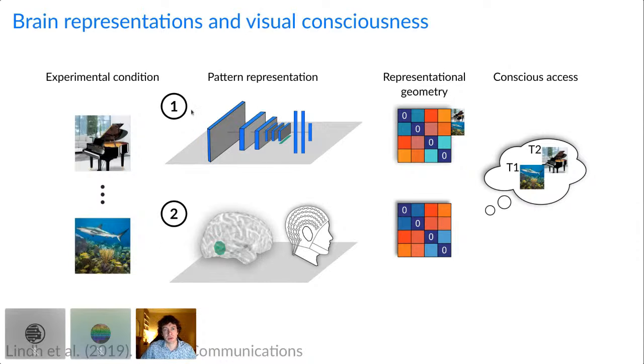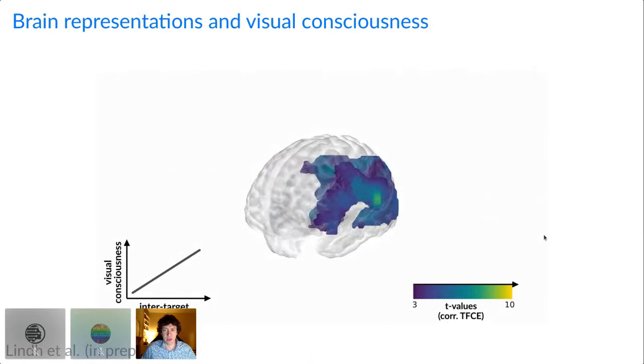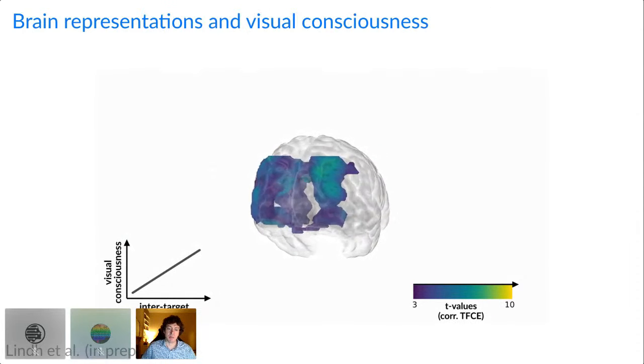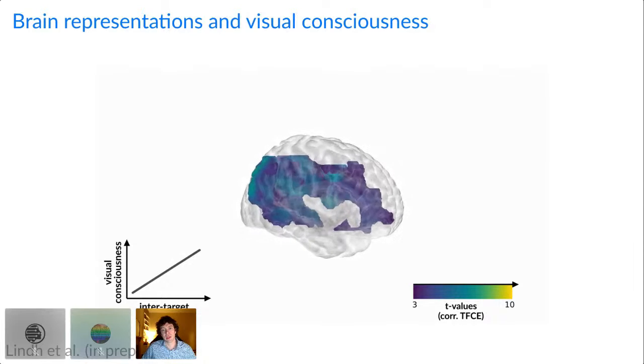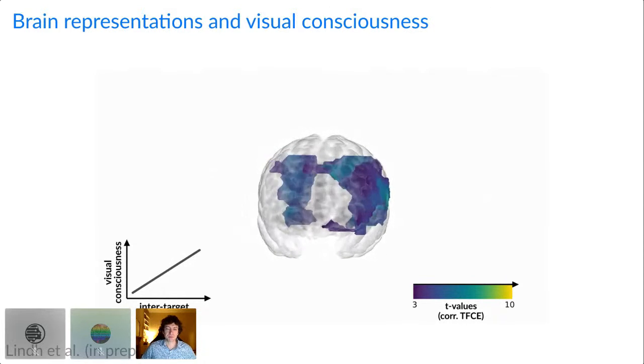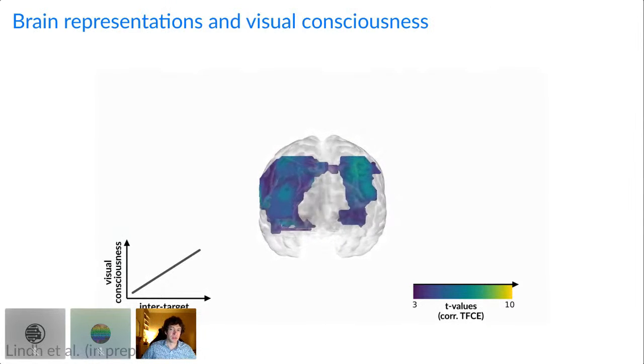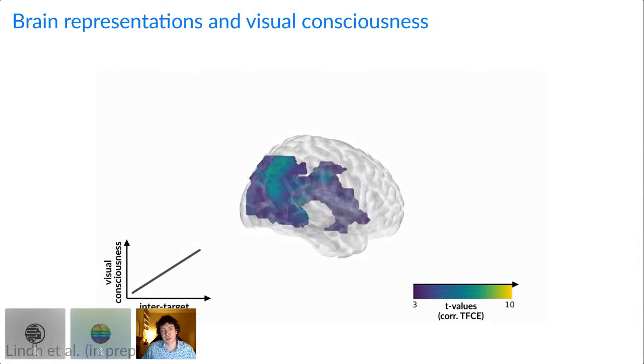I'm not going to talk about the deep learning side of it because that's published in Nature Communications in 2019. This is a follow-up study. I'm going to present a couple of key results from it, where we used brain imaging, fMRI, and EEG to try and predict conscious access. So first, when we look at the inter-target distance that we measure from the brain activity pattern, using the fMRI data, we see a network of brain regions that is highly similar to the core semantic network that we've seen so far.